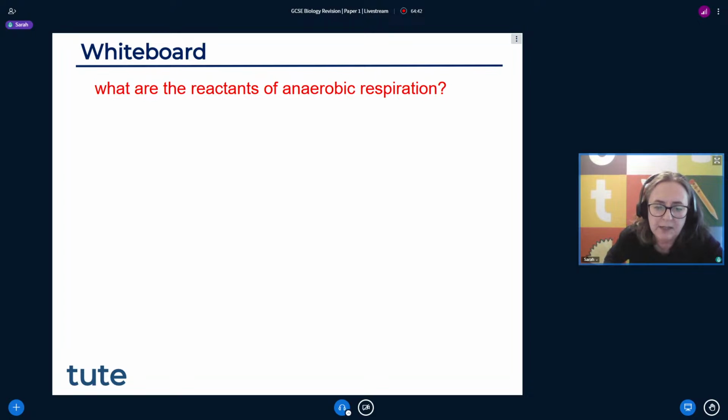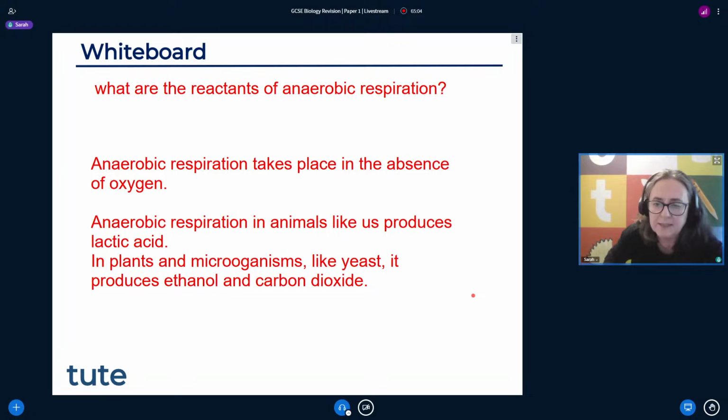Because some people might be a bit unsure about aerobic and anaerobic respiration, I thought I'll write something down here that makes it a little bit clearer for people who are not sure about that. I'm going to make another little text box. Here we go. I'm going to pop this answer in here, which I think might help answer this person's question.